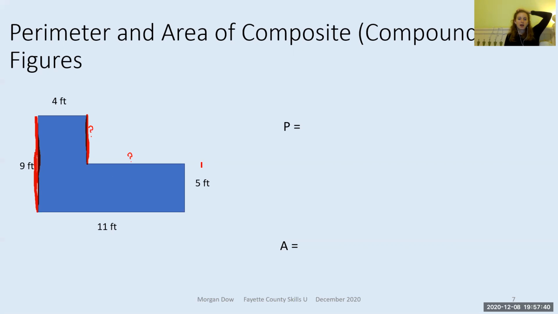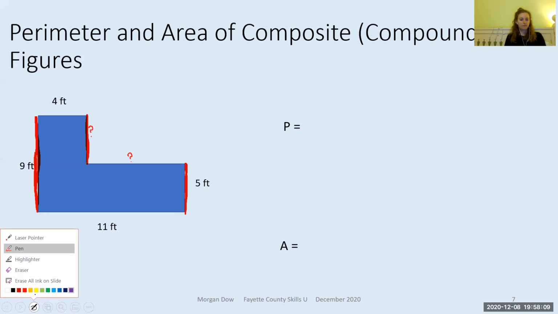And then we also have this vertical line right here. You can maybe imagine if I bring these two vertical measurements over, so if I take this red line and move it over to my mystery side, this to this is 9 feet.